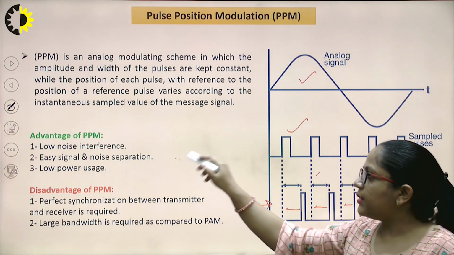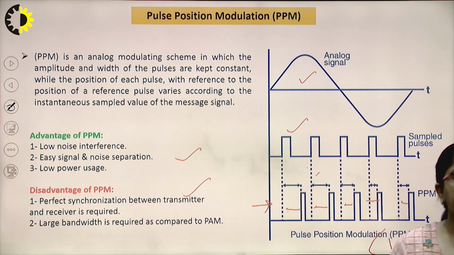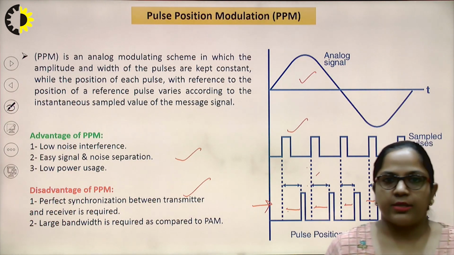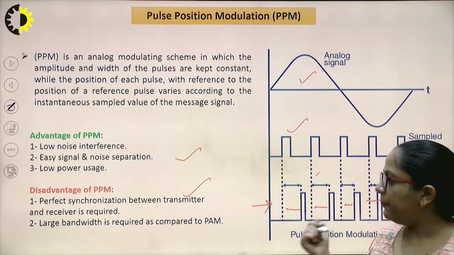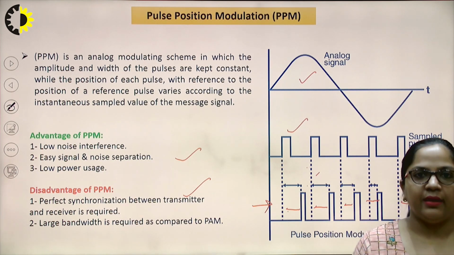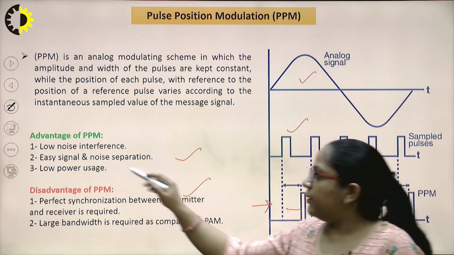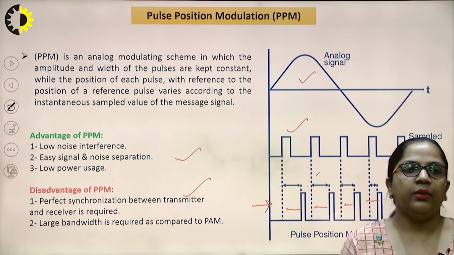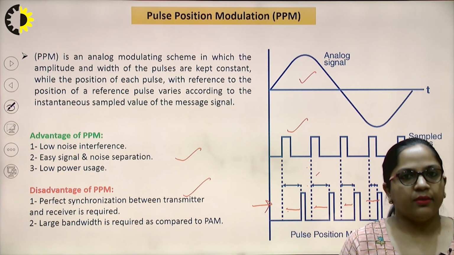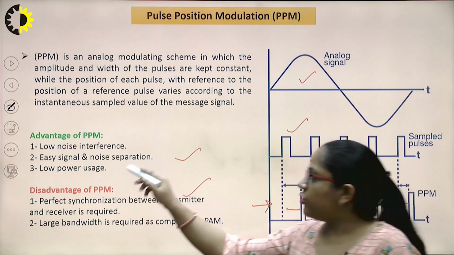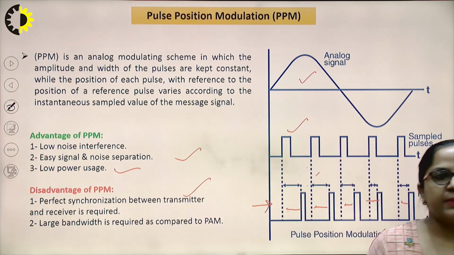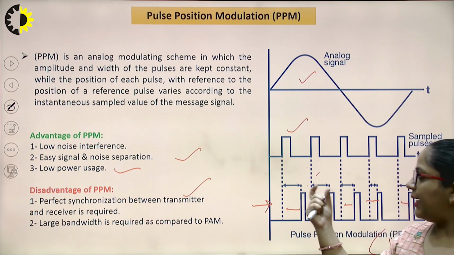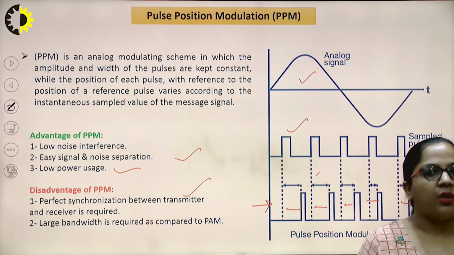What are the advantages and disadvantages of PPM? As the amplitude of the modulated signal is constant, so again in PPM the effect of noise is very less. In case of PPM, it is easier to separate signal and noise. In case of PPM, we require less power for the transmission of the signal as the width and the amplitude of the pulse is constant.